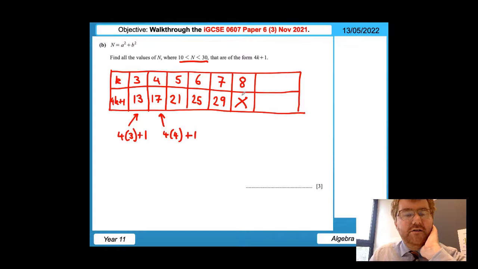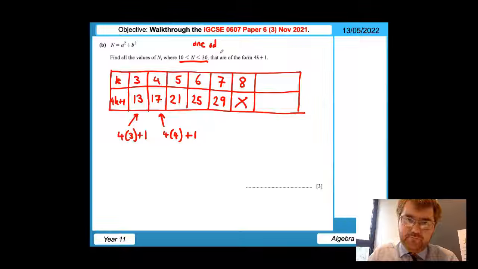So what we need to do is basically do kind of by trial and error here, work out which of these can be formed by a mixture of odd and even square numbers. So 1 odd and 1 even. And generally you can spot this fairly quickly. So let's start with 13 first of all. Well, I think I did that in my example.